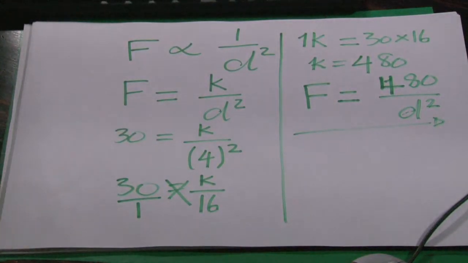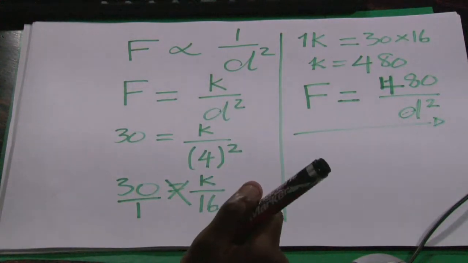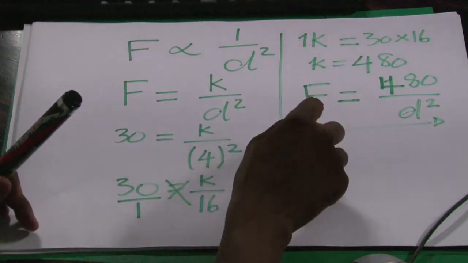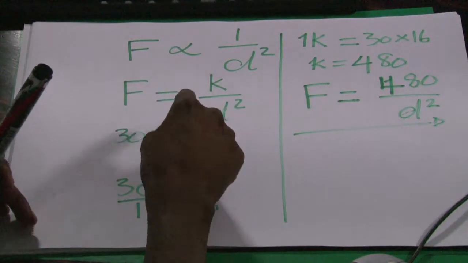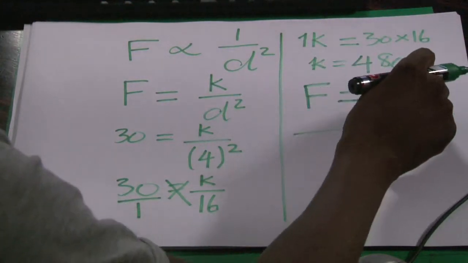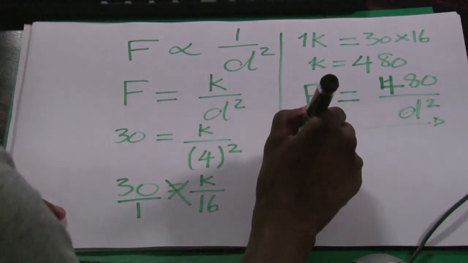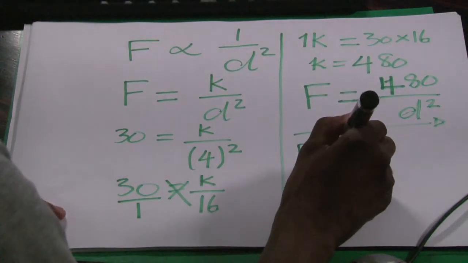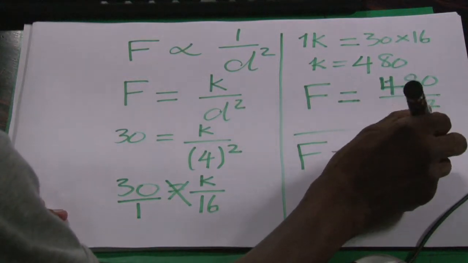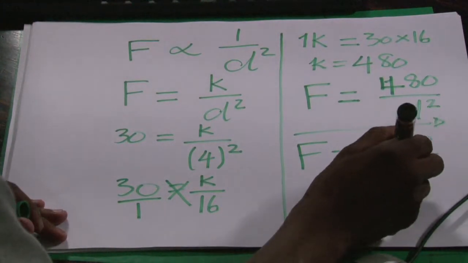Then let's look at B. Calculate F when d is equal to 8. We want to find the value of F when d is equal to 8. So we just substitute in the equation that we got in A. F is equal to 480 divided by 8 squared.